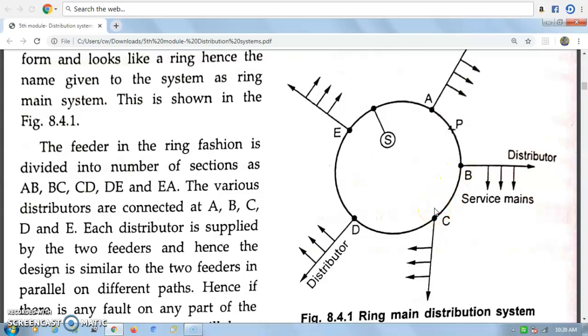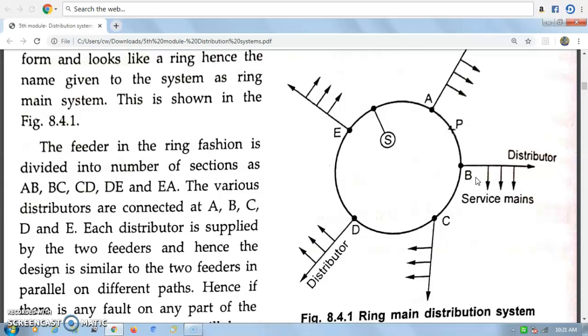It is like two feeders in parallel on different paths. See here, this feeder is connected to the AB section and also the BC section. Here is one feeder and here is another feeder. Hence, if there is any fault on any part of the feeder, the consumer will still keep getting continuous supply.